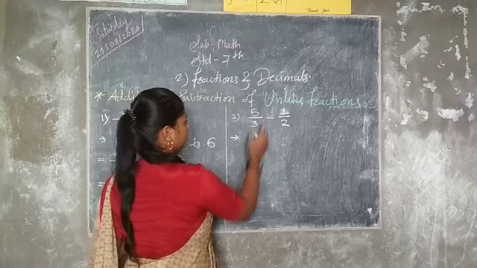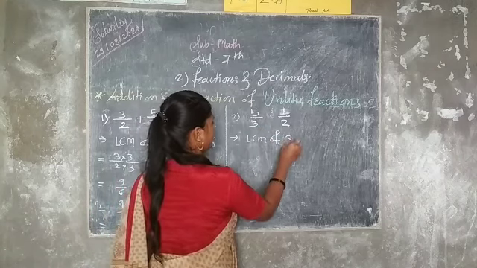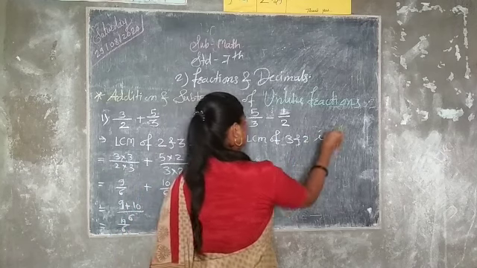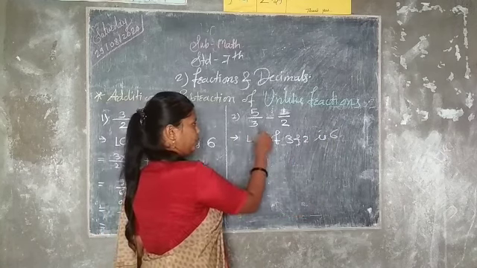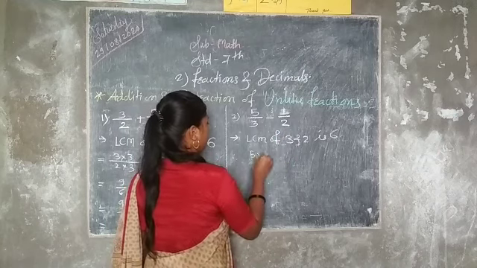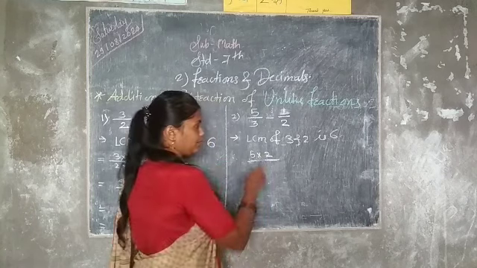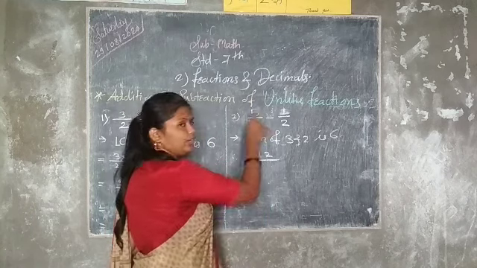Now subtraction. So here LCM of 3 and 2 is 6. We can convert that 3 as 6 by multiplying by 2 and here by multiplying by 3. So therefore 5 multiplied by 2 upon, if you are multiplying the denominator you have to multiply the numerator also.